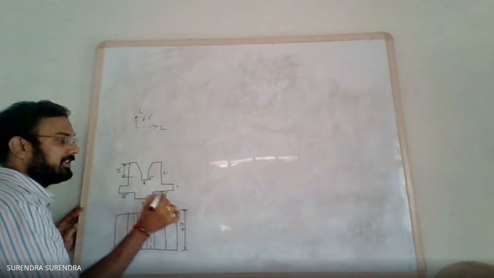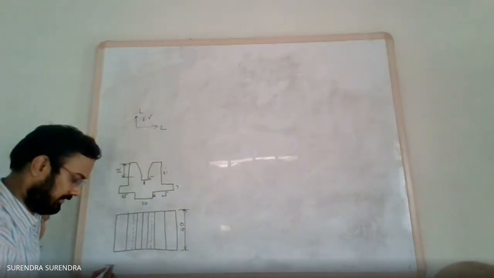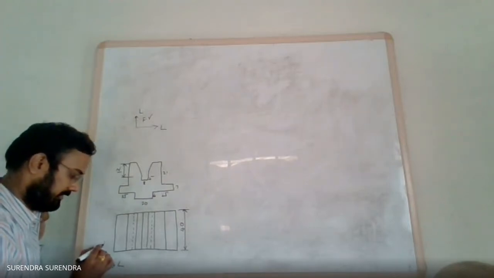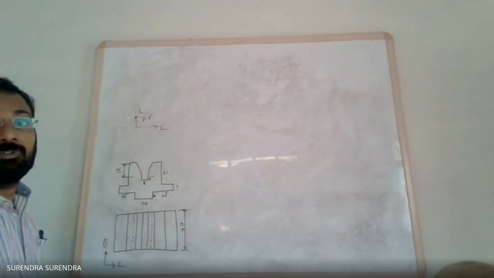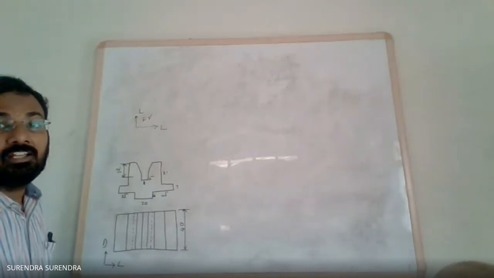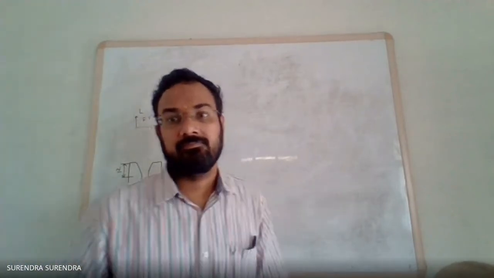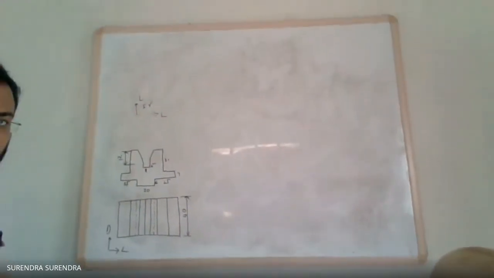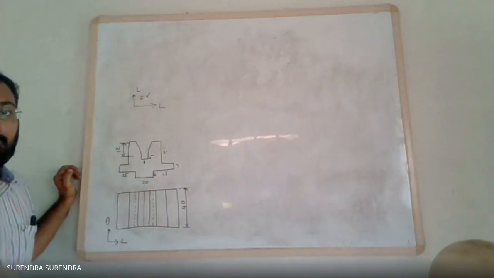In the top view, the visible dimensions are length and depth axis. The length and the depth axis are what you can see in the top view.